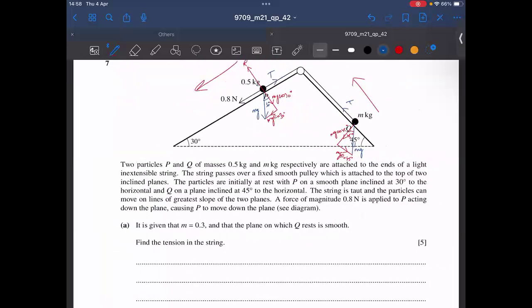All right. Now let's apply Newton's second law on each of these particles, only along the plane. I'm going to take down the plane as negative and up the plane as positive.